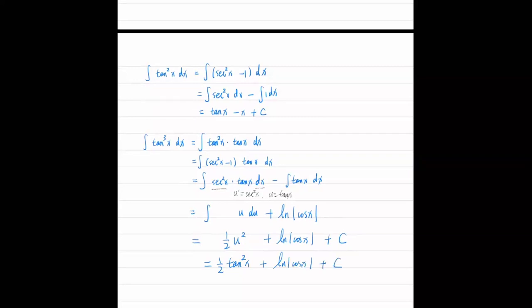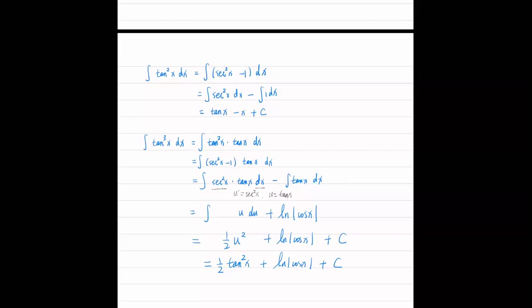Okay, now you can see for these integrals, we have different techniques in different situations, but they are similar. We use the trig identities repeatedly. Either it's the Pythagorean identity, cosine squared plus sine squared equals 1, or we use the double angle formula.